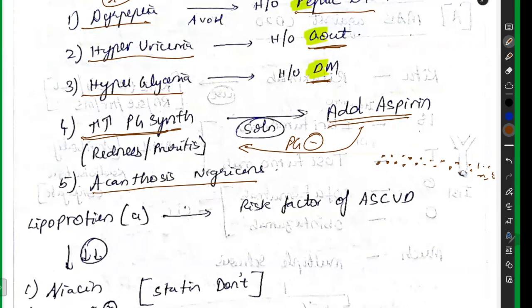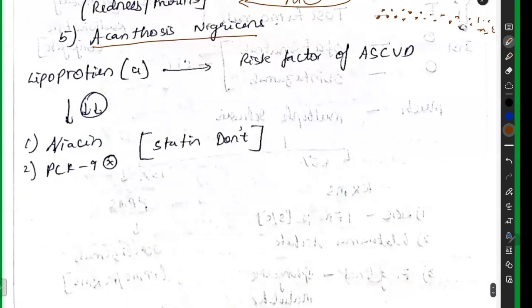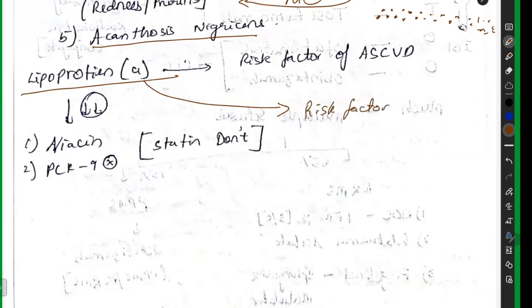So there is a blackish pigmentation that is called acanthosis nigricans. Hope it is clear. Now finally, lipoprotein A. You would have read in pathology that it is a very important risk factor for coronary artery disease.